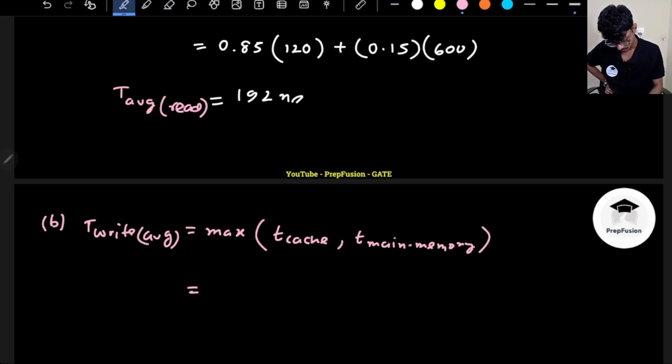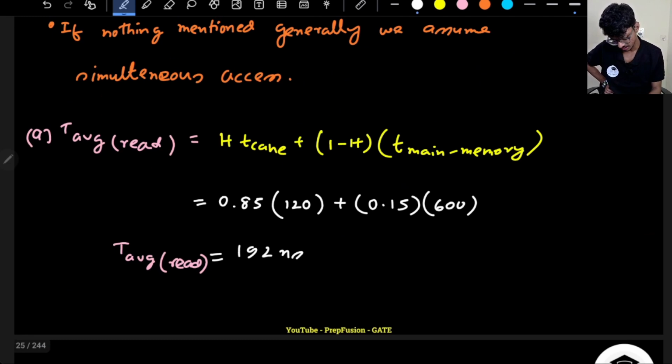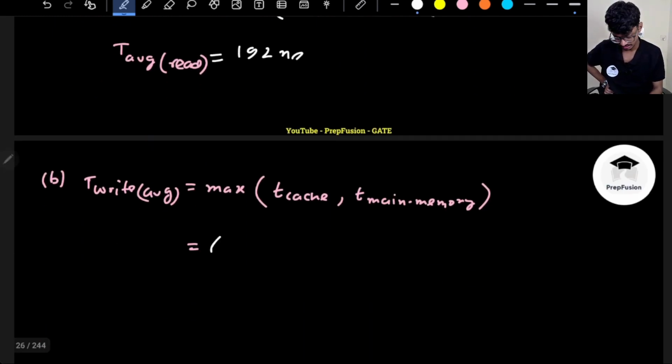T cache is 120 and T main memory is 600. So the maximum will be 600 nanoseconds only.